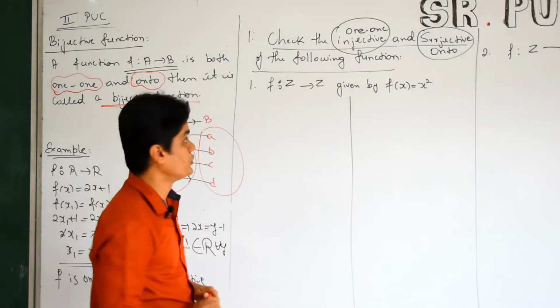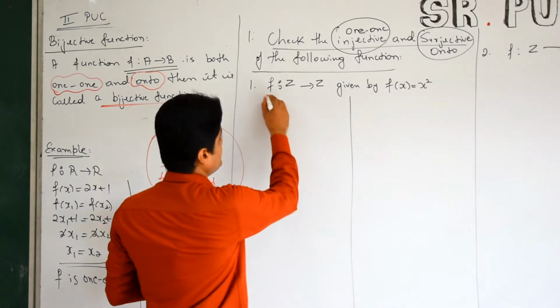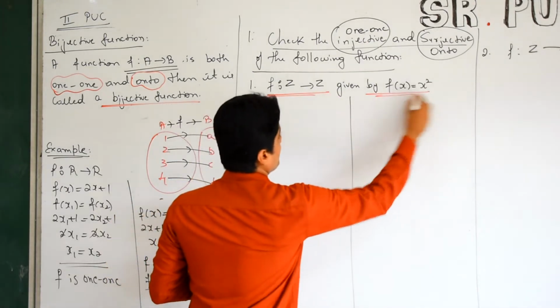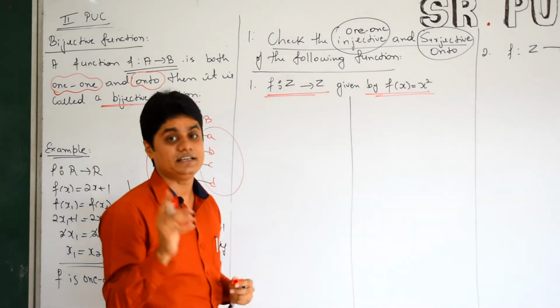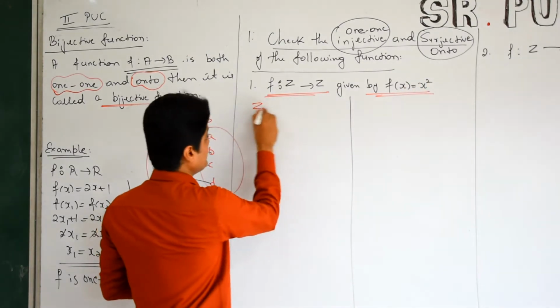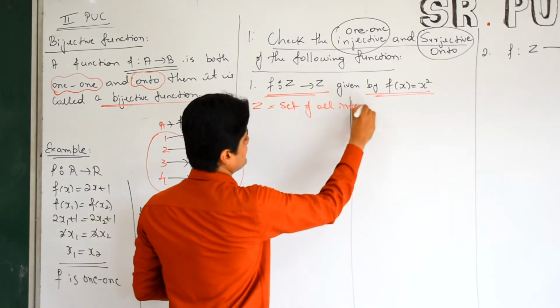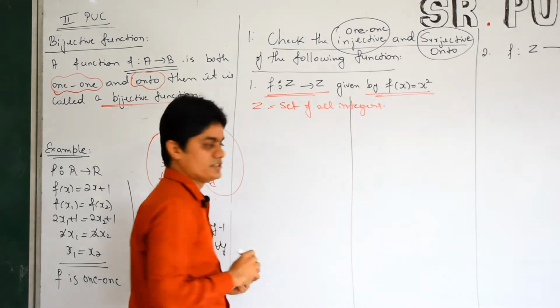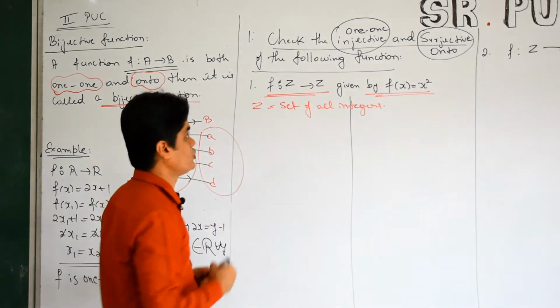Surjective means onto function. The first problem under this heading is f from Z to Z given by f of x is equal to x square. Remember, Z is nothing but the set of all integers. First you have to check whether it is 1-1 or not, injective or not.